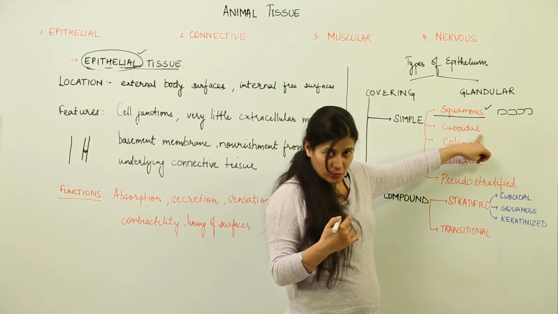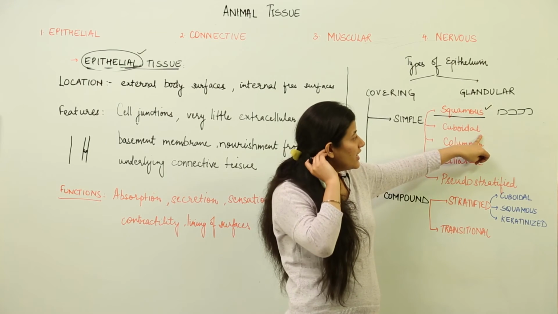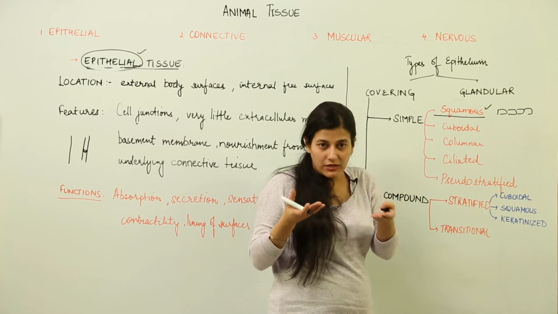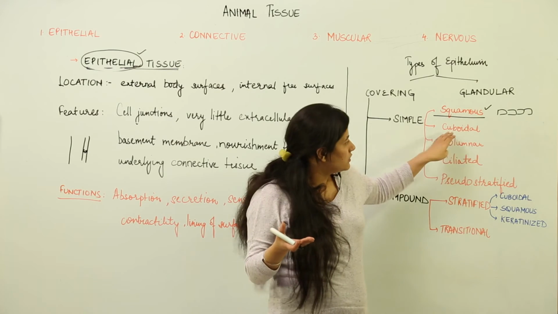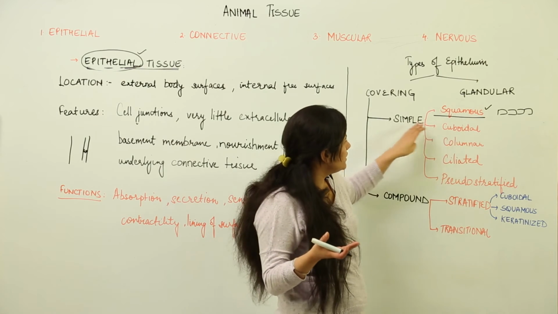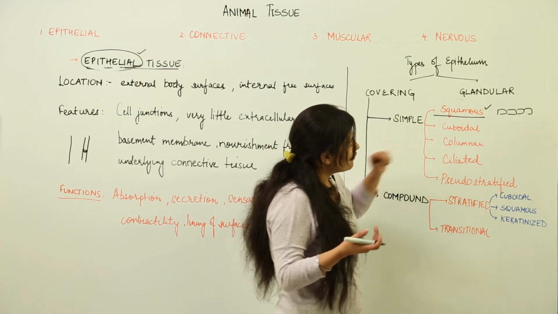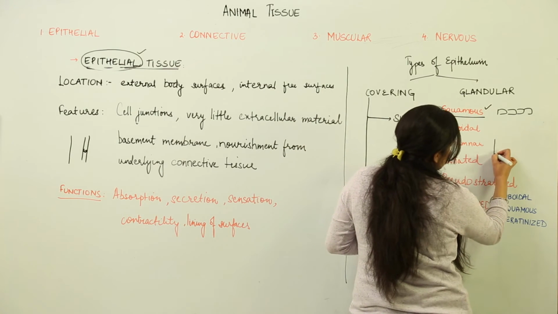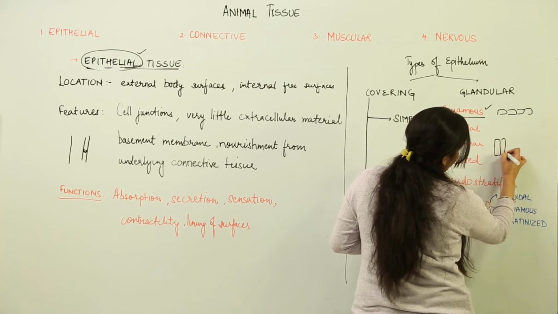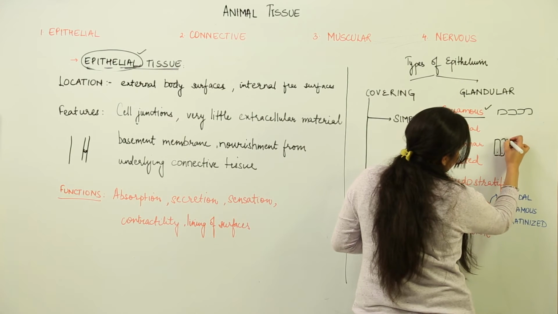In case of cuboidal tissue, the cells are polygonal, but if we see it from above, we see it to be cuboidal. So that is cuboidal simple epithelial tissue. Then we have columnar. Columnar cells would be in the shape of a column with the nucleus below.